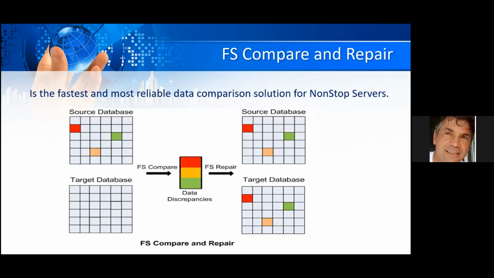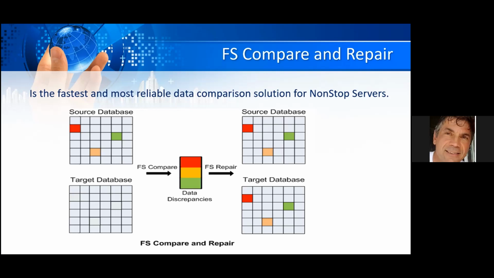In addition, for added efficiency, FS Compare performs multiple partition comparisons in parallel on both source and target nodes rather than sequentially. Competitor compare products use record or block compression, compare records one at a time, consume much more system and network resources, leading to a very long compare time.